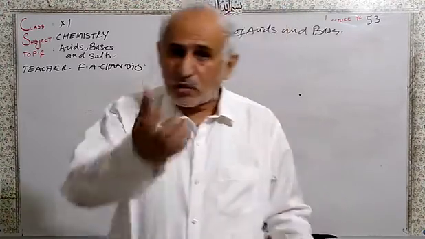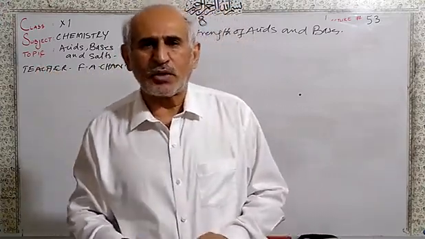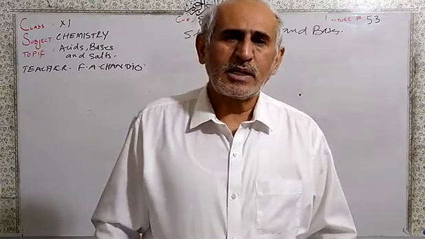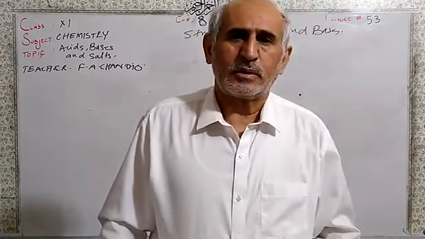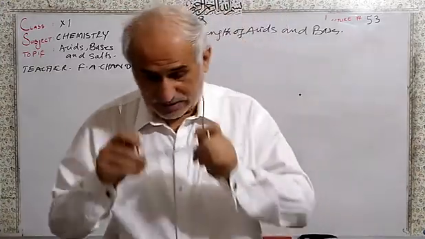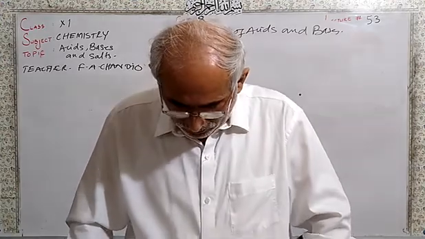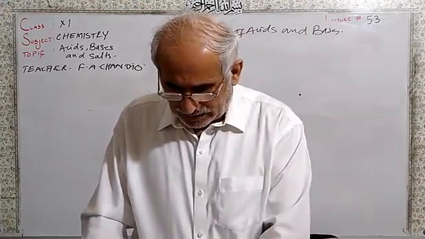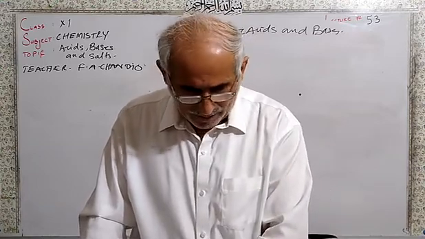Ammonia has the ability to accept. So that's why ammonia is a stronger base and water is a weak base, because ammonia has great ability to accept proton, more strength as a base. So this is called strength of acids and bases.